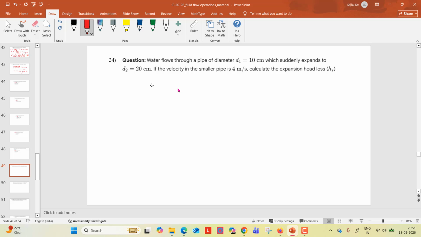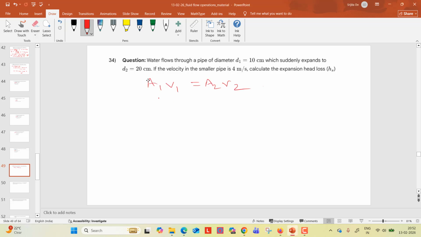Calculate the expansion head loss. You already know A1 V1 equals A2 V2.